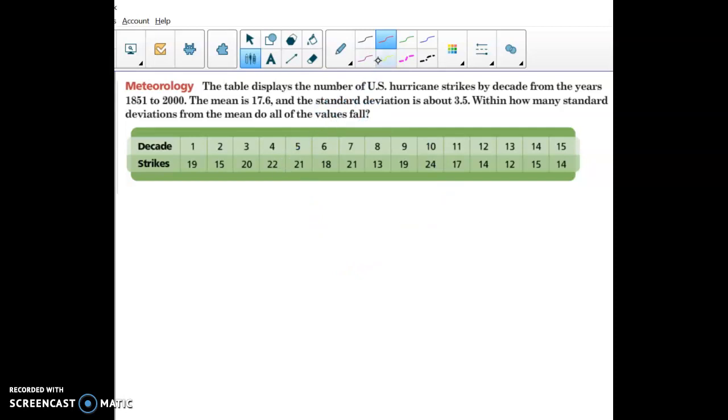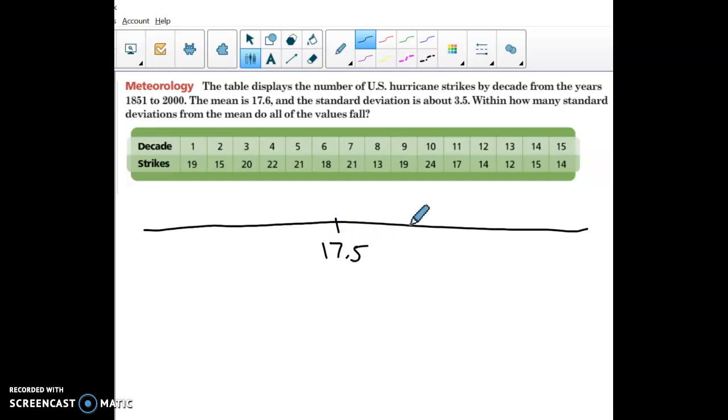All right, so basically I would draw a number line and then do like we talked about, with the mean in the middle. One standard deviation would be going up and down by 3.5. So I've just got to add 3.5 this way and subtract 3.5 going this way.